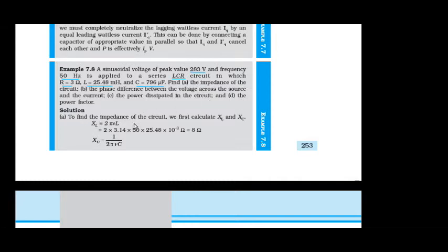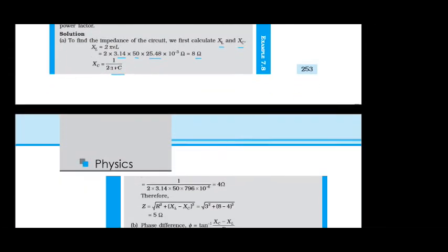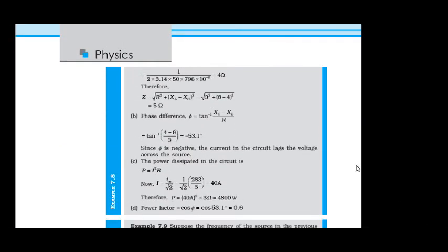So, to find out the impedance of the circuit, we first calculate XL and XC. XL is equal to 2 pi nu L. Putting the values of pi, nu, the frequency, and L, we get 8 ohm. XC is 1 upon 2 pi nu C. Putting the values of pi, nu and C, we get XC as 4 ohm.